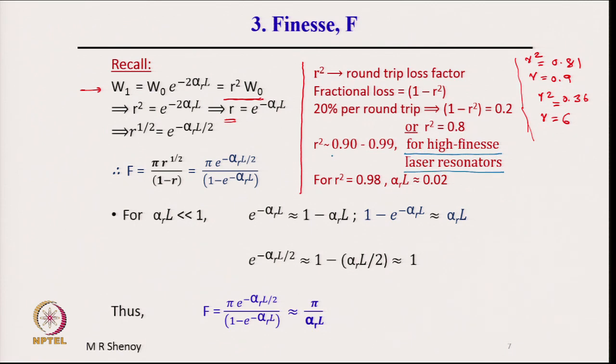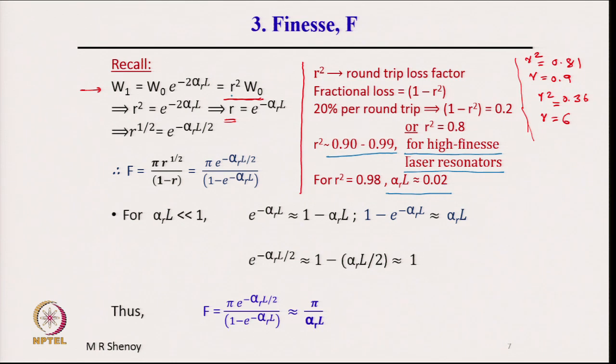In general, for high finesse laser resonators, r square is generally of the order of 0.9 to 0.99. For example, if r square is equal to 0.98, then alpha r into L will be equal to 0.02.